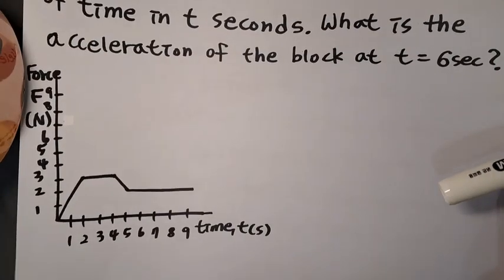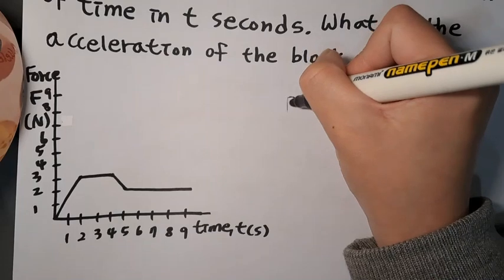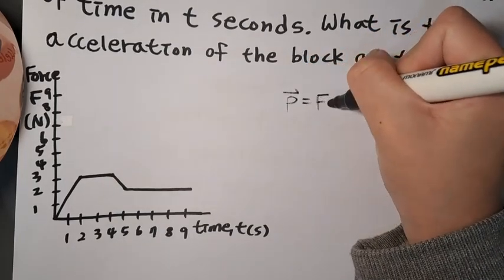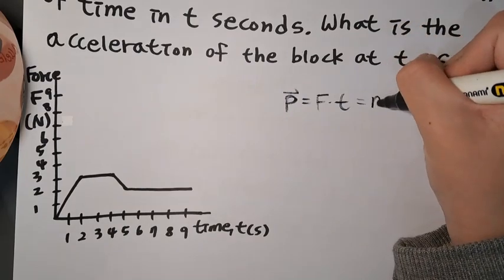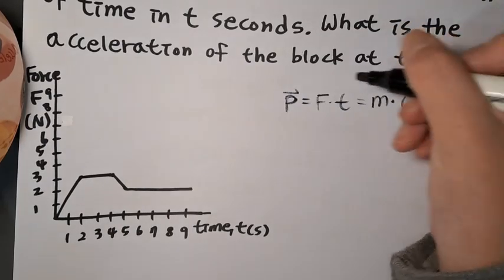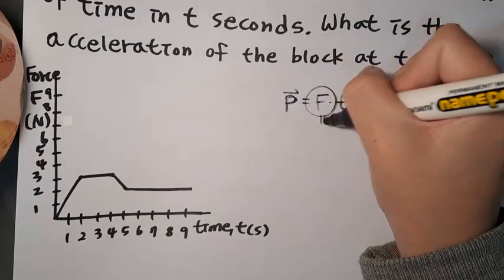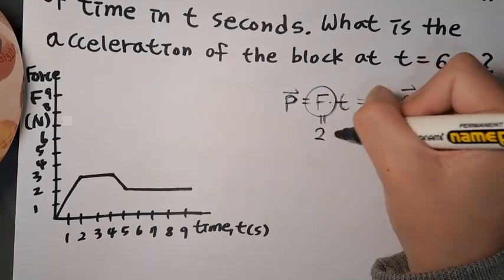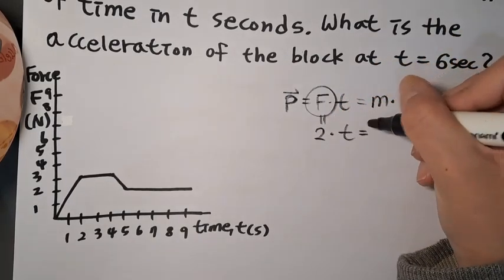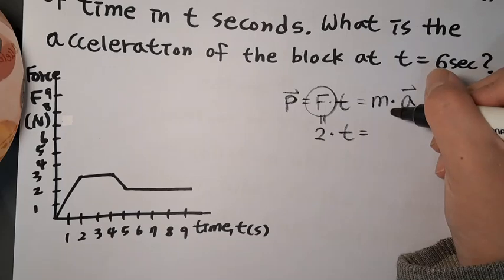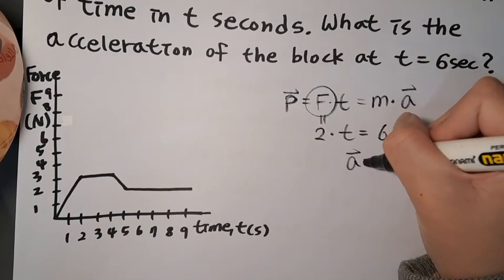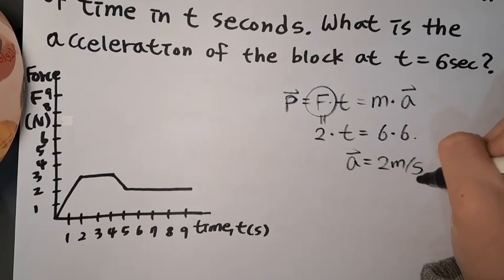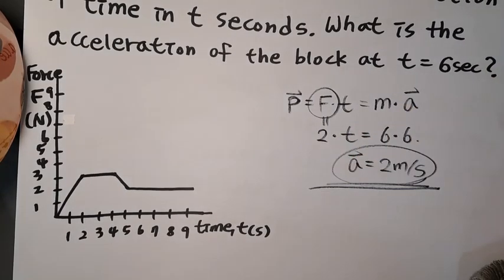So we are going to find the momentum, and we can use this equation. So the acceleration is going to be 2 meters per second squared.